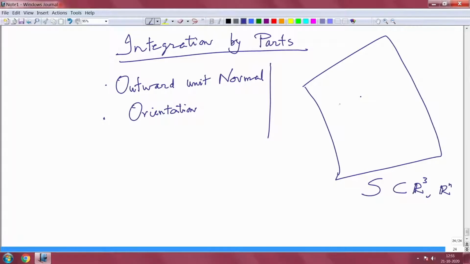then you will have a tangent plane. So, you have a tangent plane at any point, a tangent plane at a point x. If you have a point x here, you have a tangent plane at that point.